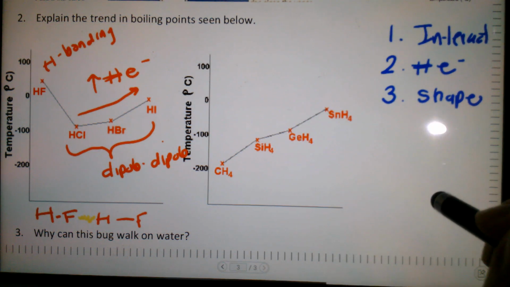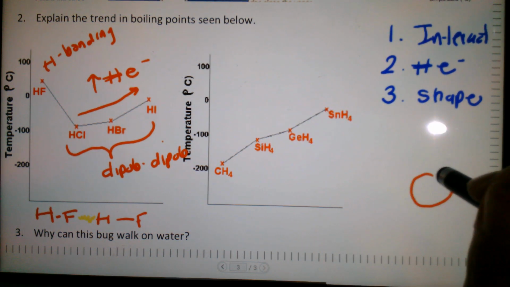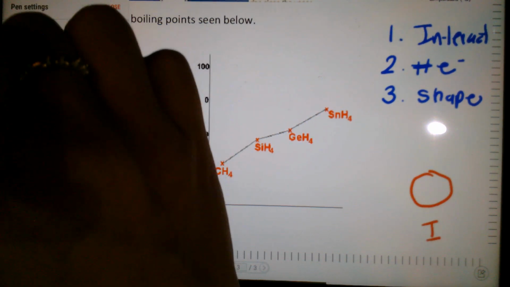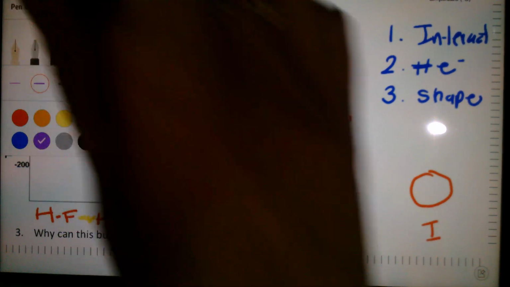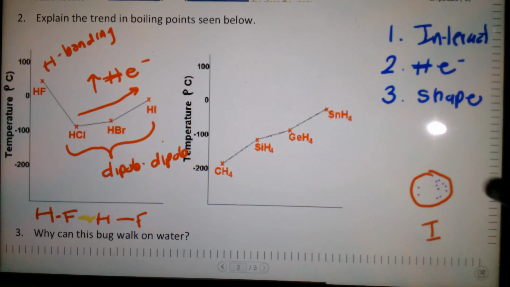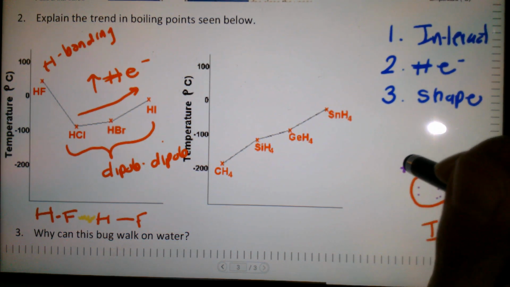What I mean by that is, think of an iodine atom with tons and tons of electrons. It's a lot easier, for example, to get an uneven distribution of electrons, meaning statistically you can have some electrons more on one side than the other.